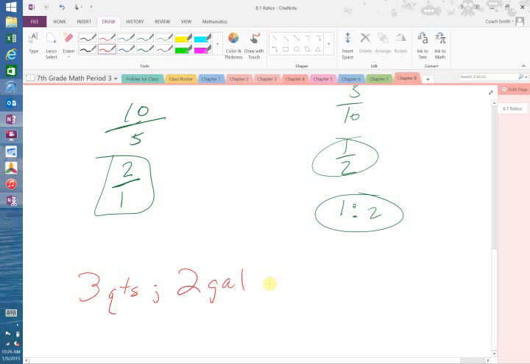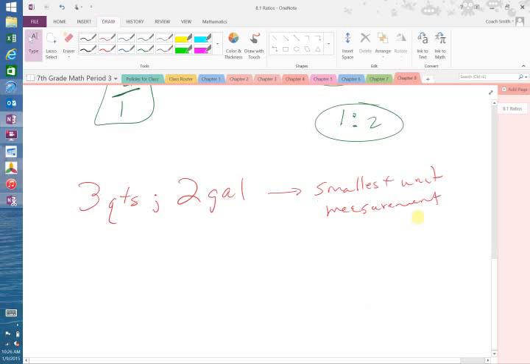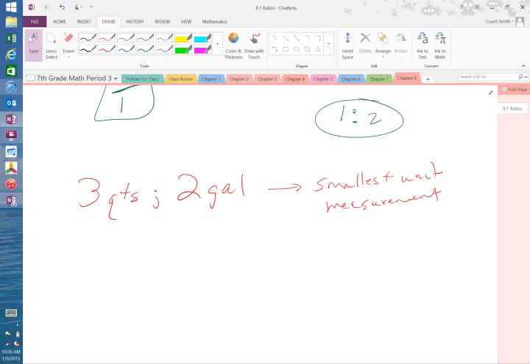You always want to go to the smallest unit of measurement. So in this particular example, the smallest unit of measurement is quarts. So if we express it as a ratio, you have 3 quarts over 2 gallons.